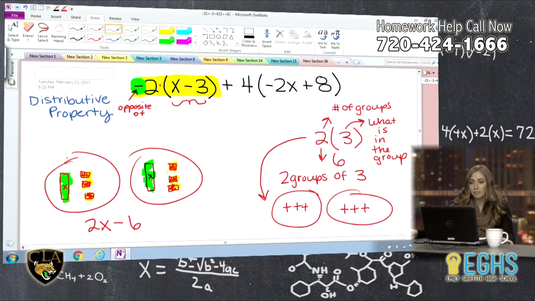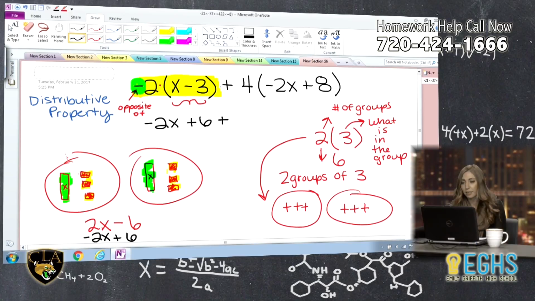So the opposite of 2 groups of x and -3 is going to be the opposite of what I have down here, which is -2x and +6. So all this stuff that I have highlighted turns into -2x and +6. Then we combine that, plus always means combine, with 4 groups of -2x and 8.